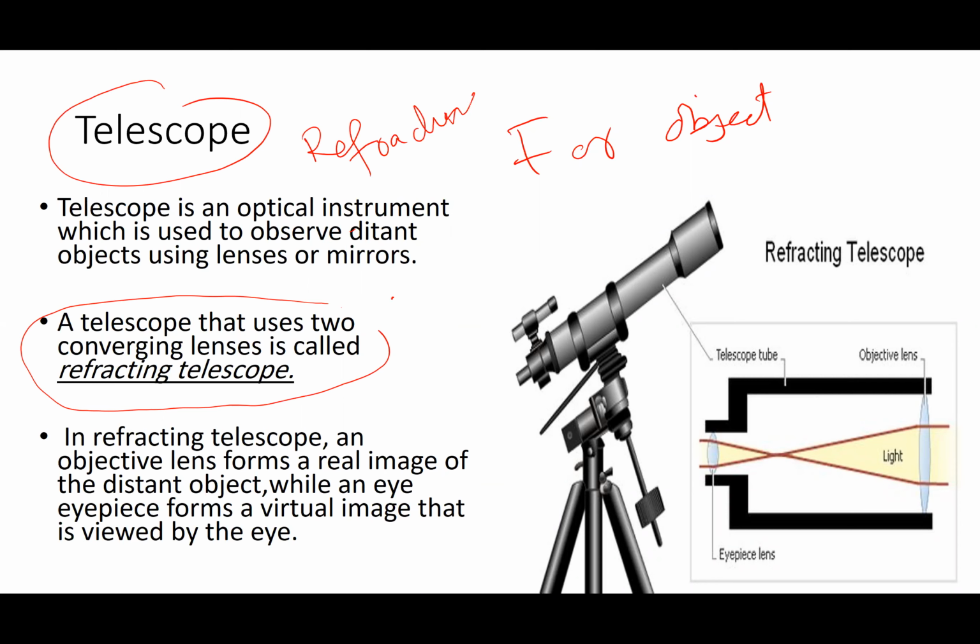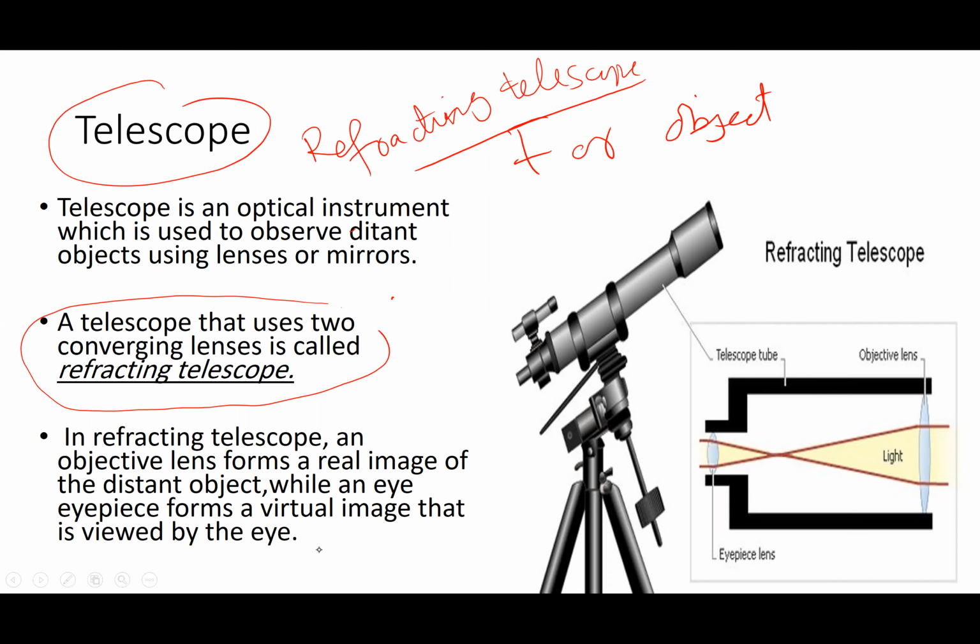A refracting telescope uses lenses. In refracting telescope, an objective lens forms a real image of the distant object, while an eyepiece forms a virtual image that is viewed by the eye. I will explain it.